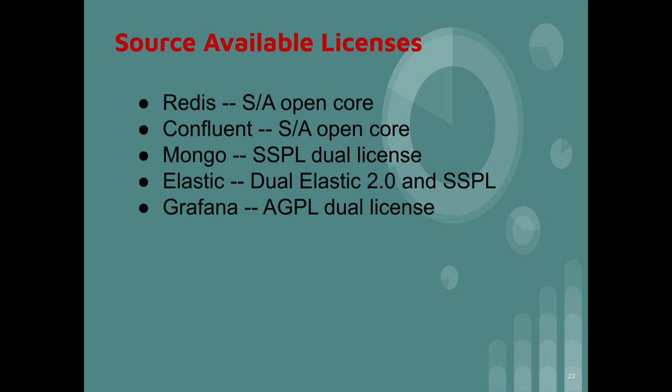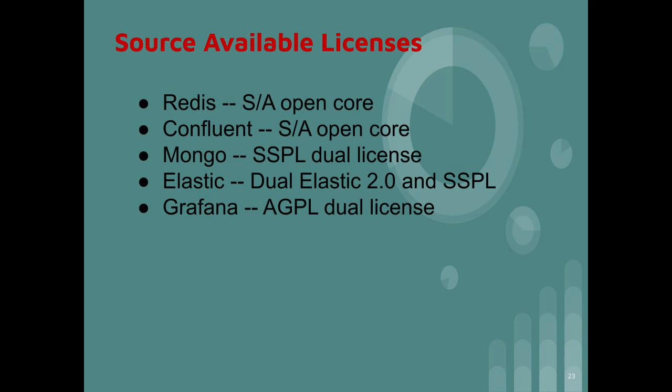If you look at companies like Mongo and Grafana, on the other hand, those companies are doing something slightly different, which is more like a dual licensing model. And as you can see, they use different options like SSPL, which is kind of a souped up form of AGPL that is not approved by OSI as an open source license.